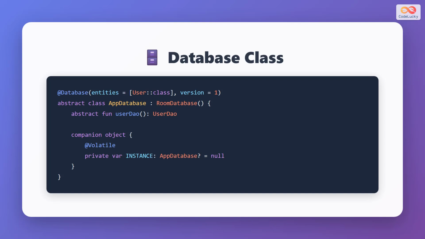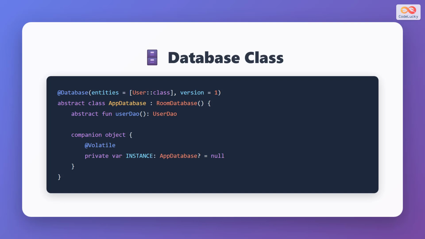The database class ties everything together. It must be an abstract class that extends RoomDatabase. We use the @Database annotation to configure it, specifying which entities are included using the entities parameter and setting the database version number. The version number is crucial for managing database migrations when your schema changes in future updates. Inside the class, we define abstract functions that return DAO instances.